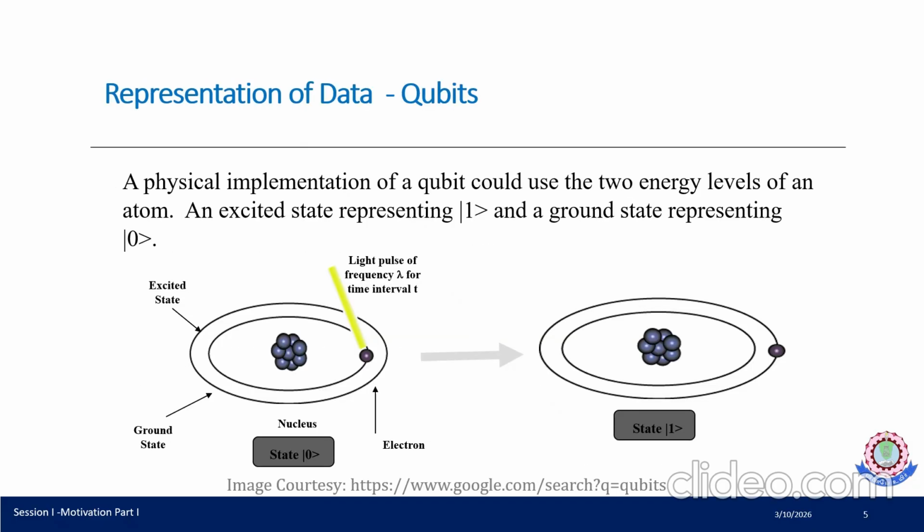So, representation of data in terms of qubits. A physical implementation of a qubit would use two energy levels of an atom, an excited state representing 1 and a ground state representing 0. The excited state is the outer circumference and the ground state is the inner circumference. You have some core functionality termed the nucleus.